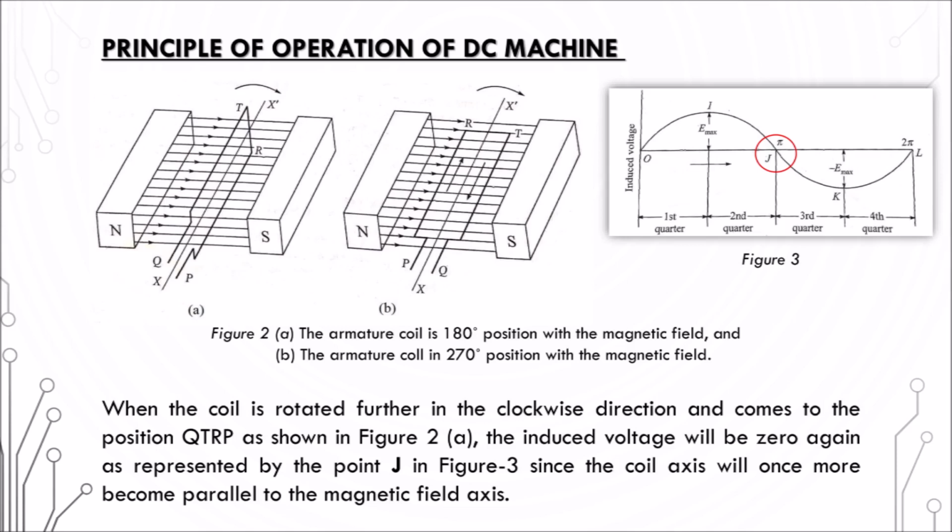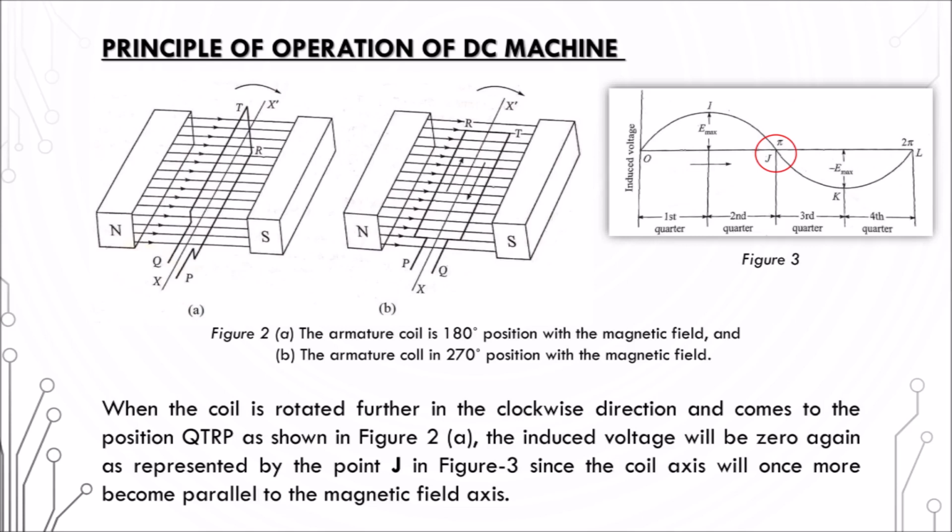When the coil is rotated still further and occupies the 270-degree position, PRTQ as shown in figure 2B, the induced voltage will rise to its negative maximum value, that is minus Emax, as represented by the point K in figure 3.